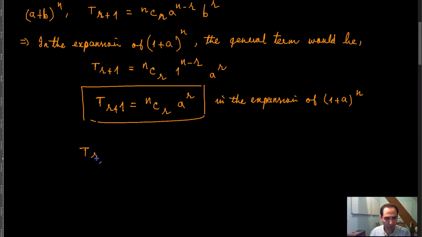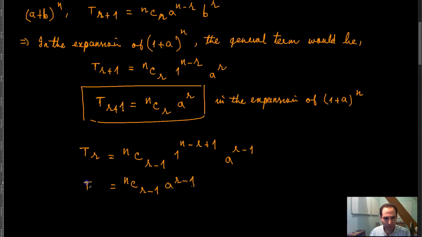So T of r therefore would be equal to n combination 1 less than this, so r minus 1, 1 raised to the power n minus r plus 1, and a raised to the power r minus 1. That is basically the same thing as n combination r minus 1, a raised to the power r minus 1.